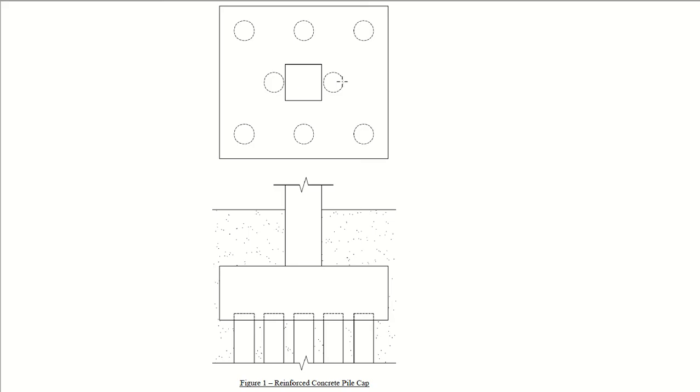Okay, two piles are right at the middle of the pile cap, and three each at sides of the column, sorry, the pile cap. Okay, three at this side. If we term it as north south, so three piles are at the north end and three at the south side or south end.